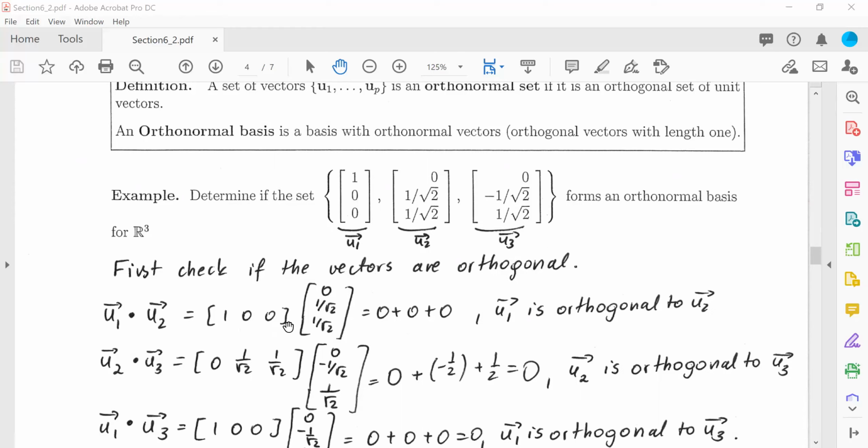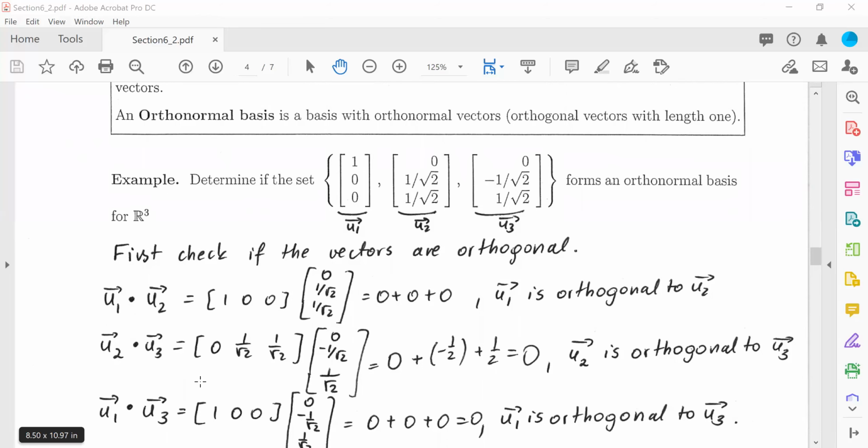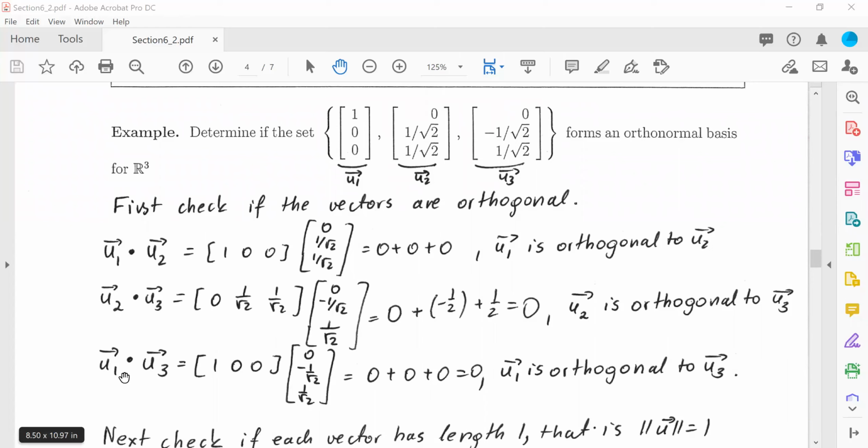So take the vector U1, multiply times vector U2. And if you perform the multiplication, indeed we get 0. So U1 is orthogonal to U2. Do the same for U2 dot product U3. Perform it. You should get 0 as well. And U1 dot product U3, and you get 0 as well. So indeed the set is orthogonal.